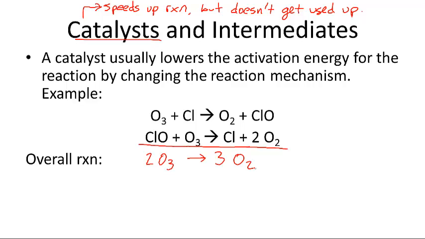There was a problem discovered in the 1970s, 1980s with the ozone layer, which blocks UV, protects us from the sun. The origin of that problem was that we were putting lots of chlorine atoms up into the atmosphere.